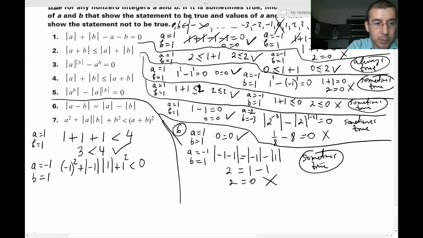So minus 1 squared, that's minus 1 times minus 1, or that's just 1, plus absolute value of minus 1 is 1, absolute value of 1 is 1, 1 times 1 is 1, plus 1 squared is 1. And this is 3 is less than 0? No. But we got yes with 1, so this is sometimes true.